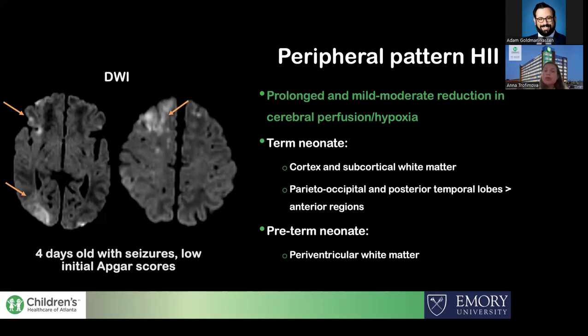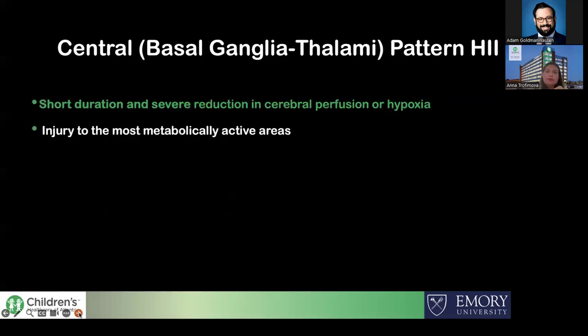In term neonates, we also know there is a predilection for greater involvement of the parietal, occipital, and posterior temporal lobes compared to anterior regions, while in preterm neonates, the same pattern of hypoxia or ischemia will predominantly affect the periventricular white matter.